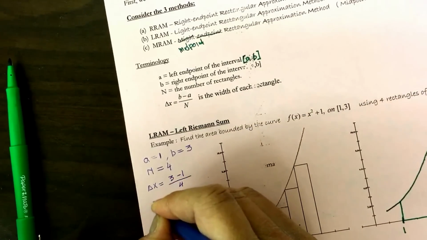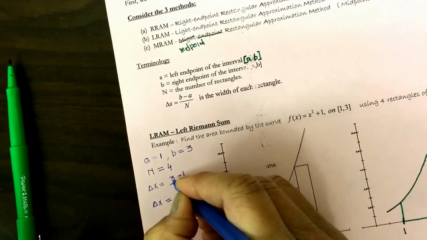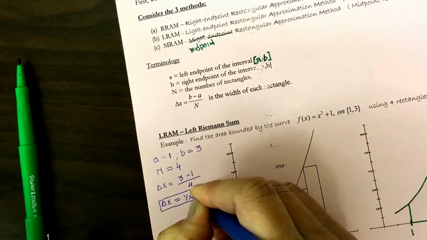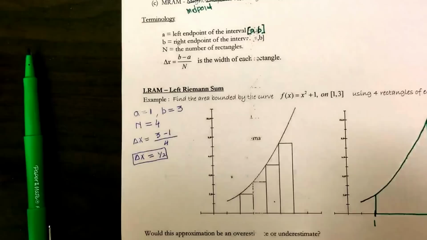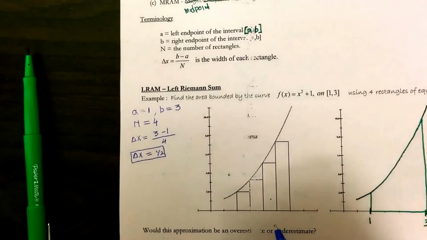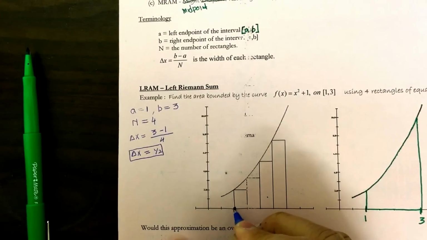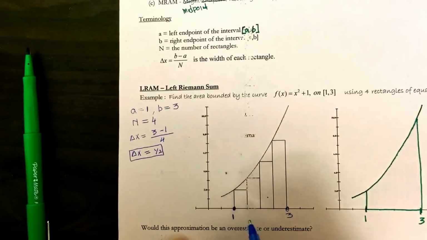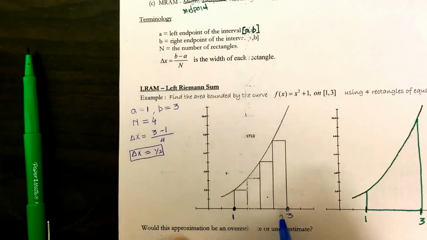And so it turns out that our width is going to be 1/2, because 3 minus 1 is 2, and 2 divided by 4 is 1/2. So our width is 1/2. So we want to start at 1 and we end at 3. We just want the area between this interval.